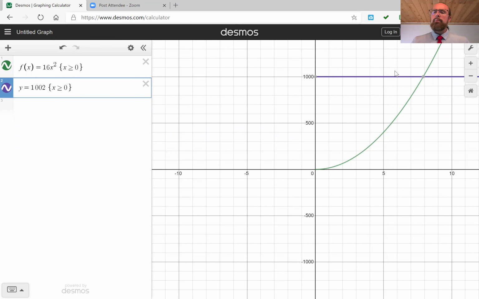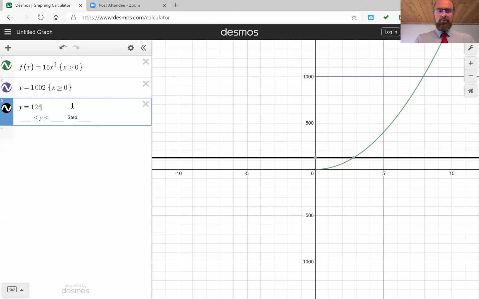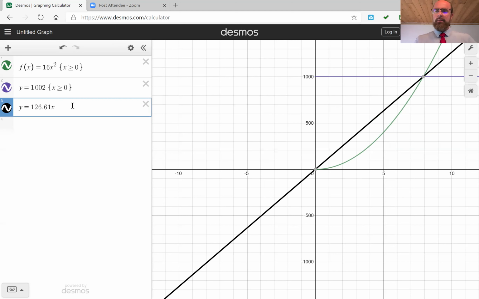So this point, and we can even check our value there, Desmos will give us the intersection. So it's saying 7.914. That's the time we calculated using average velocity, or using the algebra. So what we're saying with average velocity is what's the slope of the secant line between the initial point 0, 0 and that point of intersection when it hits the ground. Well, that would be this equation, y equals 126.61x.